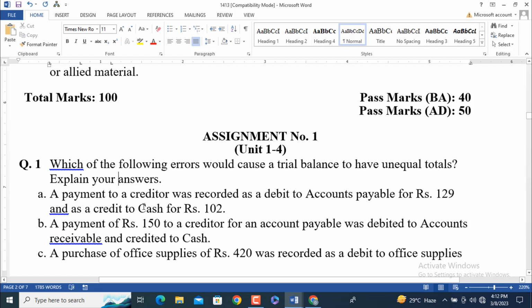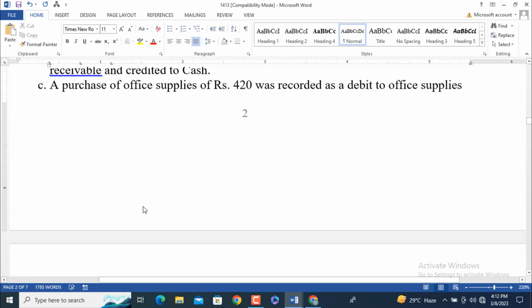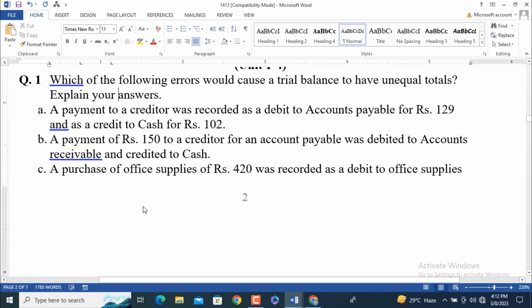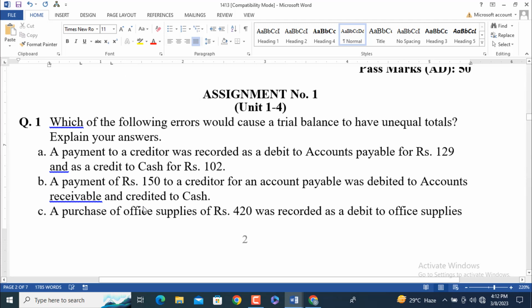Explain your answers. Some transactions have been given in the form of A, B, C, so you have to read out every transaction carefully, and after reading that, you are compulsorily required to tell in your answer whether this transaction, which is already an error, has any effect on trial balance totals or not.